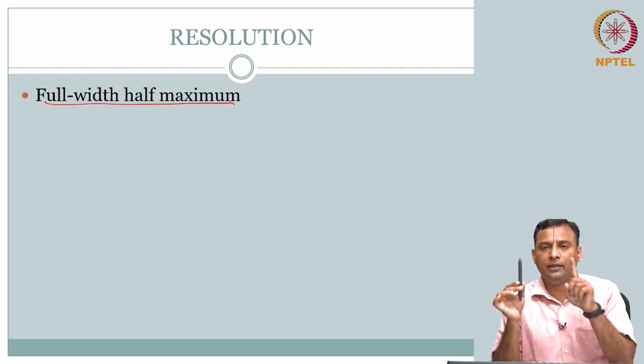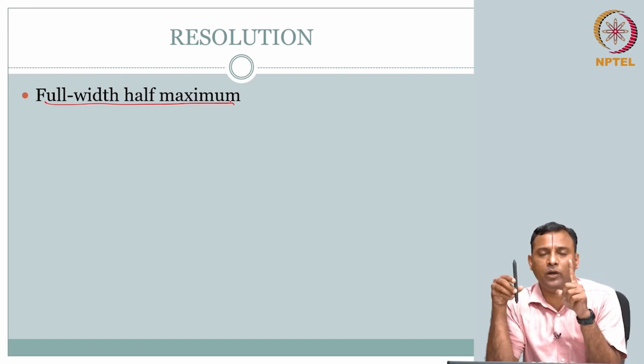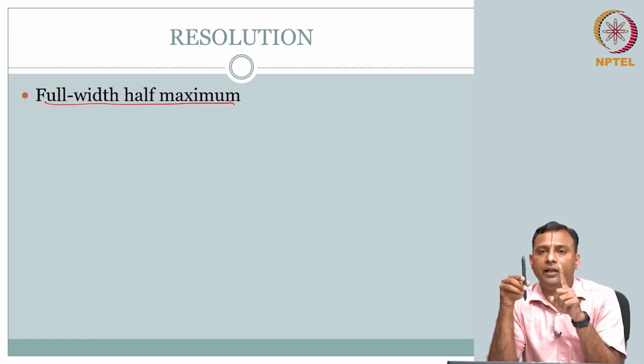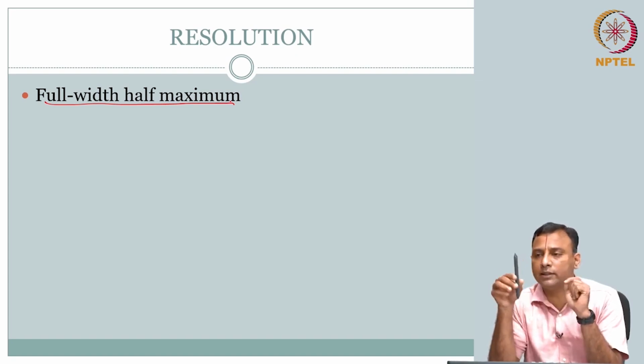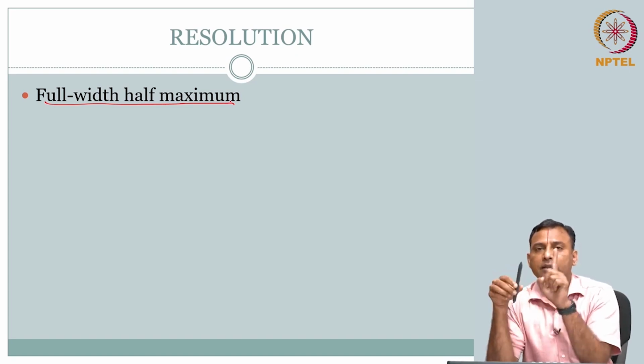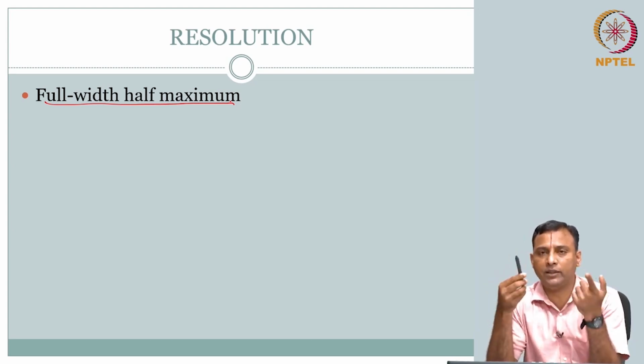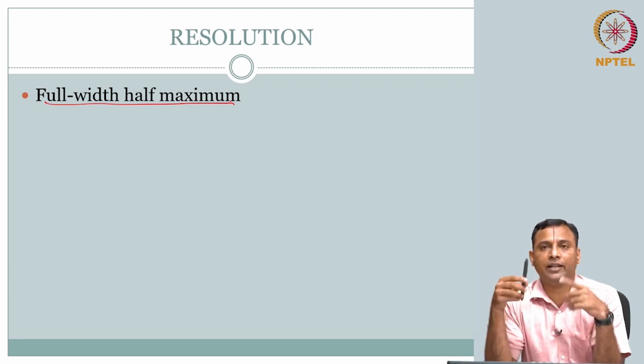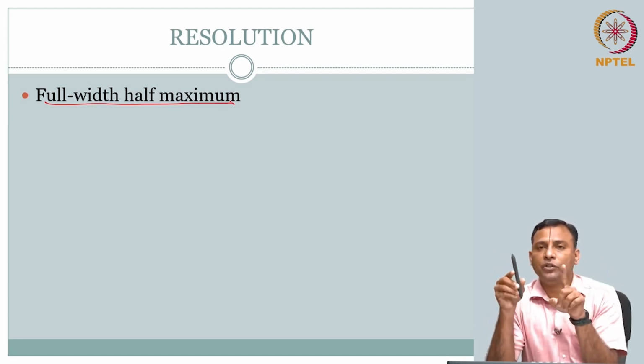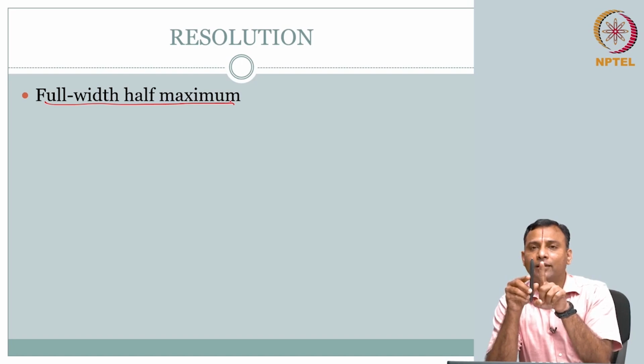I bring them close together, but when it goes through the system, it will have a spread. That is what the system introduces because of its resolution limits. It is not ideal. So when you bring them close together, you may still see the peak.